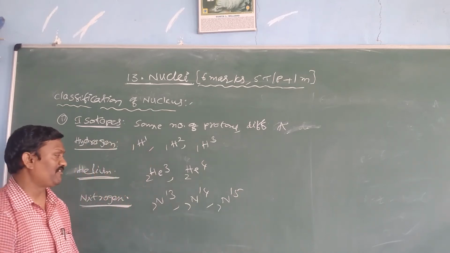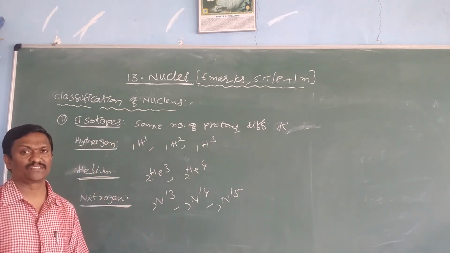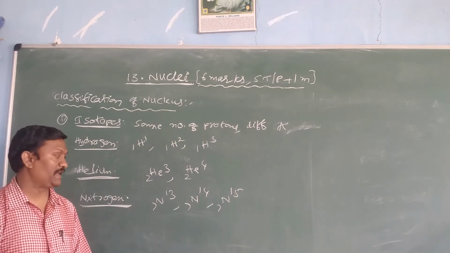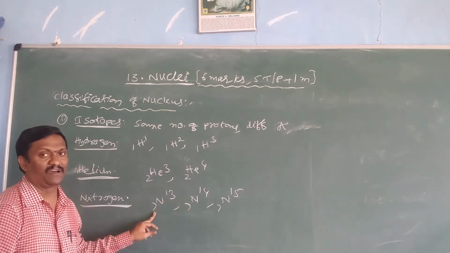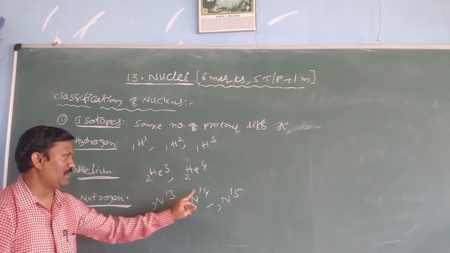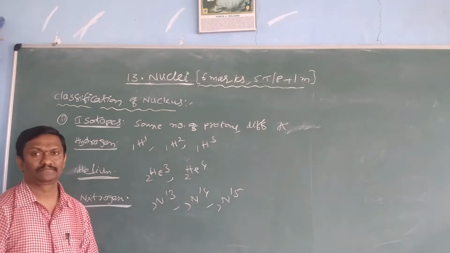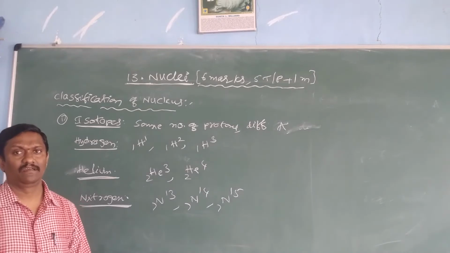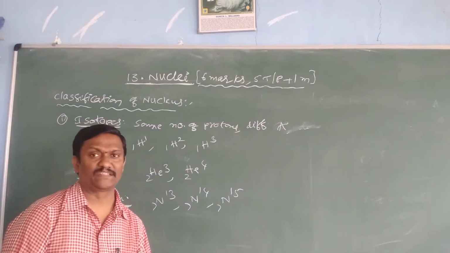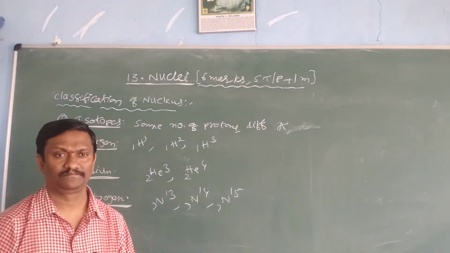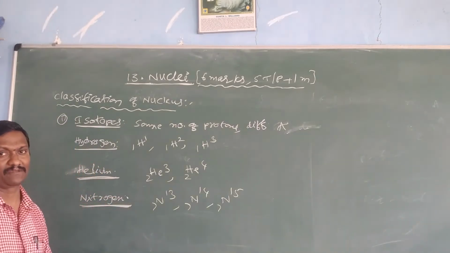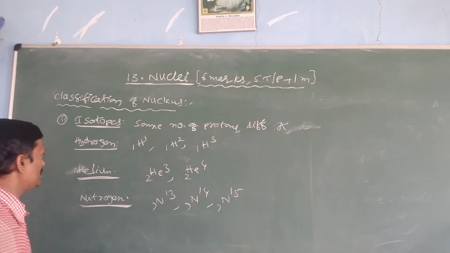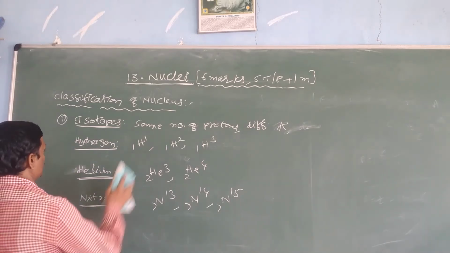So these are the different isotopic forms of nitrogen. All have the same atomic number, the same number of protons, but different mass numbers. So that is the first classification of nuclei, isotopes: nuclei having the same number of protons, the same atomic number, but different mass numbers.